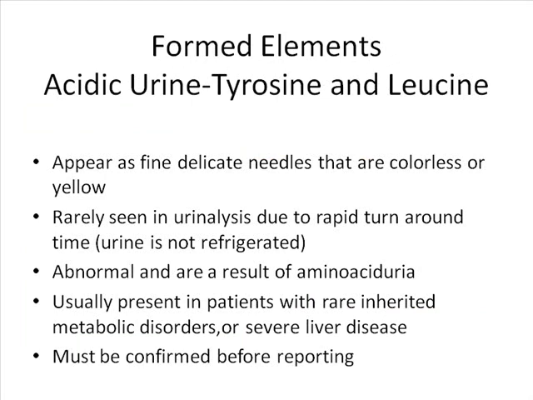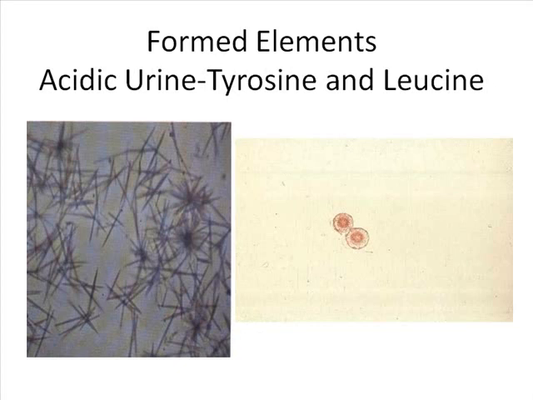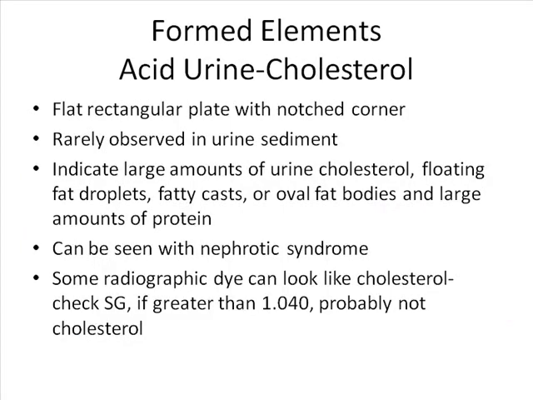Now, tyrosine and leucine are both pathological crystals, and usually you will see them in urine that is refrigerated. Okay, so when you see them, you want to make sure and confirm that that is indeed what you're seeing. Here you have tyrosine needles, leucine, because it says leucine.